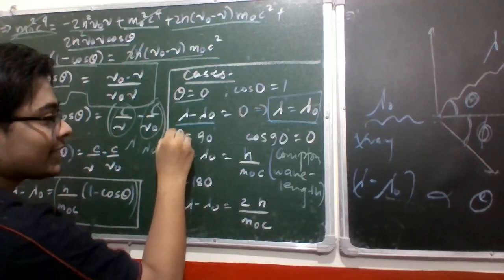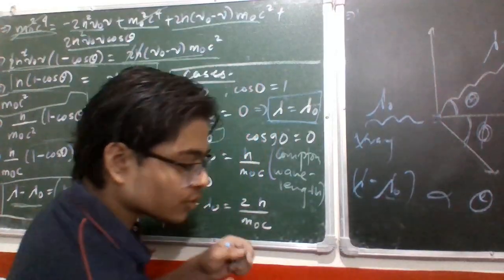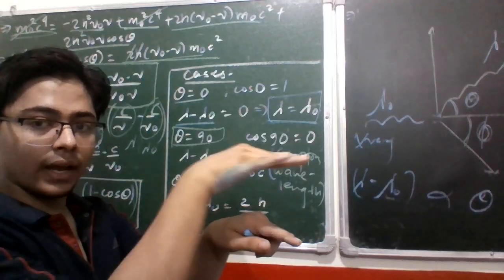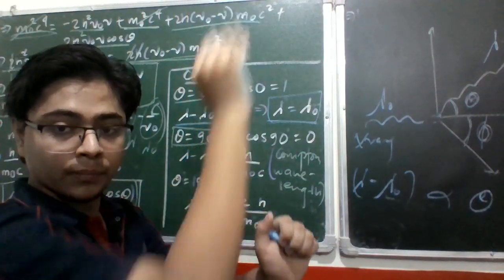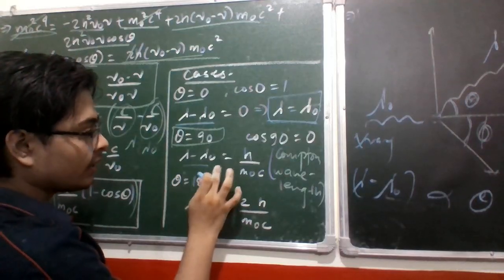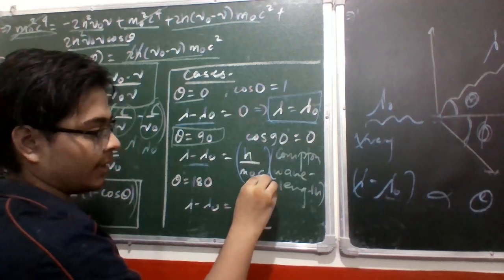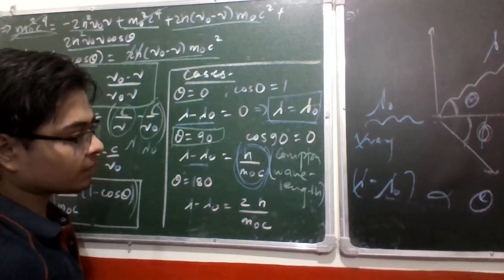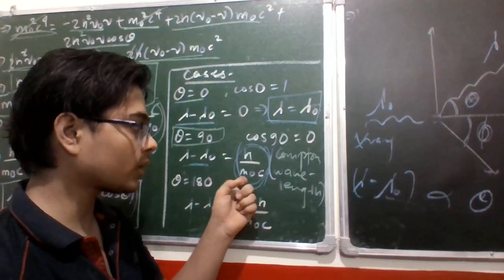Now after that, if theta is equal to 90, that means it just goes perpendicular. For example, let's suppose the X-ray is coming along the x-axis, whenever it strikes an electron, it just goes perpendicular to the original direction. If that is the case, then we would get the change to be equal to h by m naught c, and this quantity is known as the Compton wavelength.